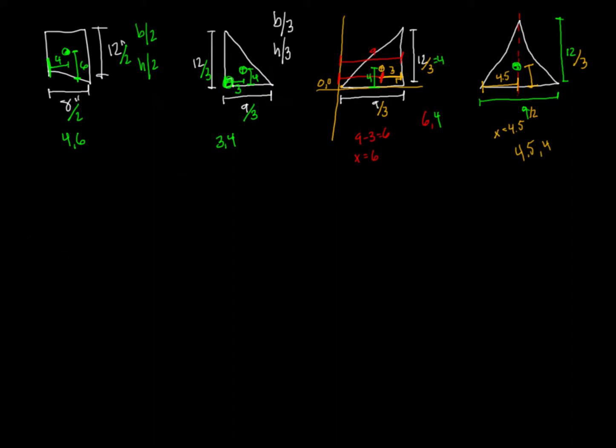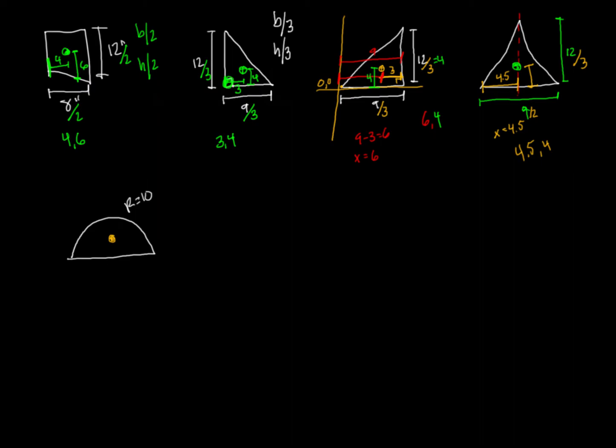Okay, so now let's talk about semicircles. Semicircles, again, have to pay attention to orientation. So let's say the radius of this thing is 10. So the radius of this semicircle is 10, and we'll call it a half circle. We know that centroid is probably somewhere about here.